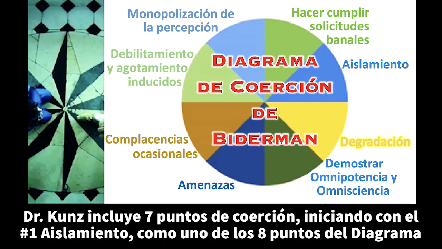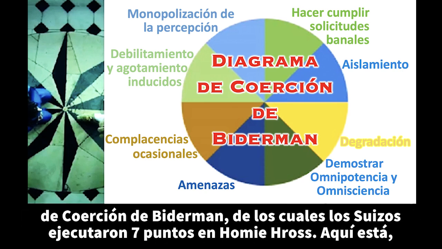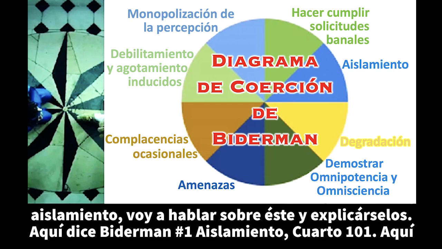And Dr. Kunz, his terror includes 7 points of coercion, namely starting with number 1, isolation, as one of the 8 points of Biderman's chart of coercion, of which the Swissies executed 7 points on homie Hross. So here it is, isolation. I'm going to talk about this and explain this to you.